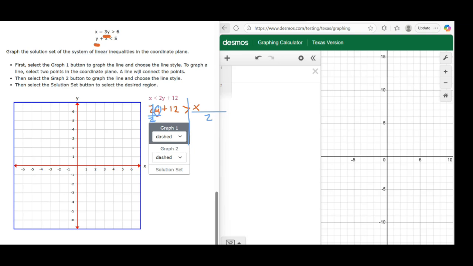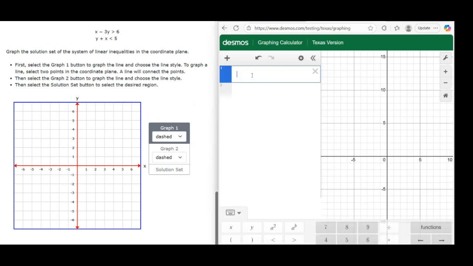If I divide by it on one side, I divide by it on the other side. And then we take whatever's left, move it across, make it the opposite. So that plus 12 becomes a minus 12. And now we're left with y is greater than x minus 12 over 2. Okay, so I graph x minus 12 over 2.